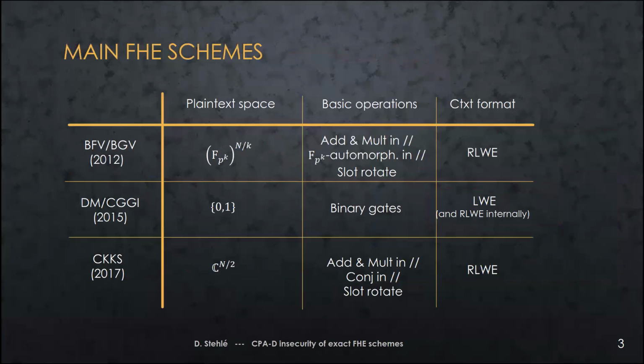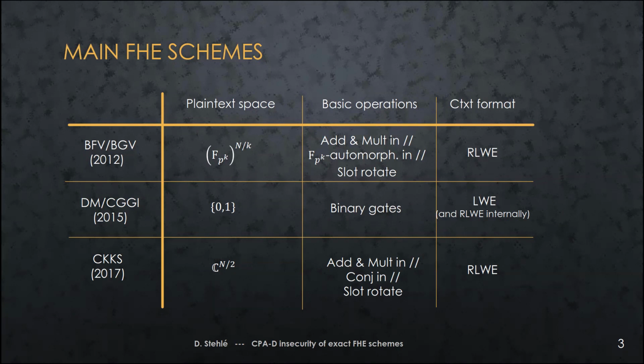So today there are a bunch of FHE schemes that exist. Here I'm listing the most competitive ones in practice currently. Out of the three families, the oldest family is BFV, BGV, which is a bit more than 10 years old. The native plaintext space for those schemes is vectors of elements in a finite field F_p^k, where k is some parameter and n is a very large integer.